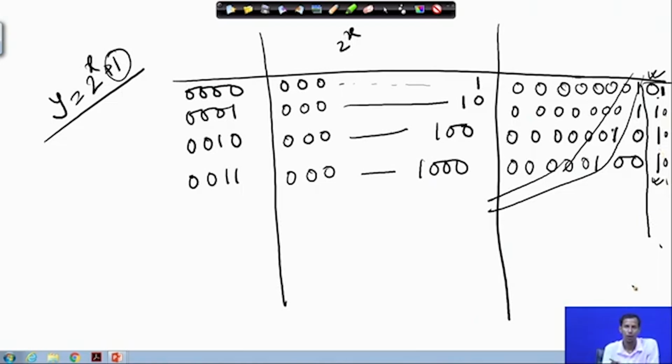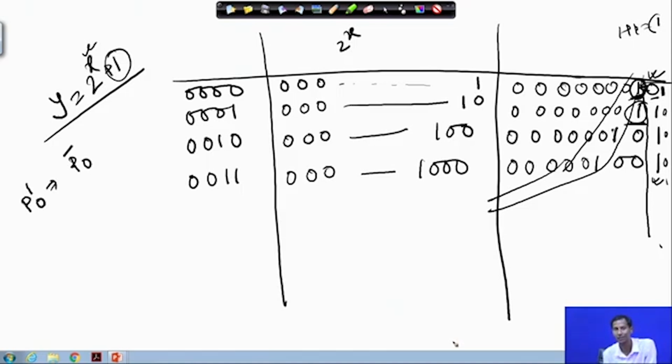That means, from this particular logic, what will the modified P0 of this particular circuit be? If this is the P0 from 2 to the power x, and whereas the changes elsewhere, initially this was 1, 0, this was 1, but here now it becomes 1, because for 1 plus 1 that carry has been generated and forwarded to this particular bit position. Okay.